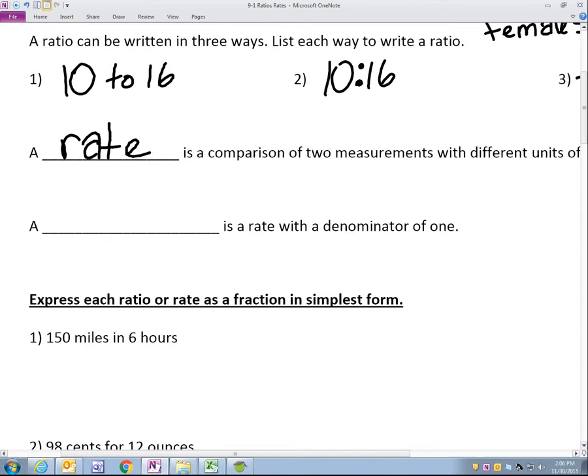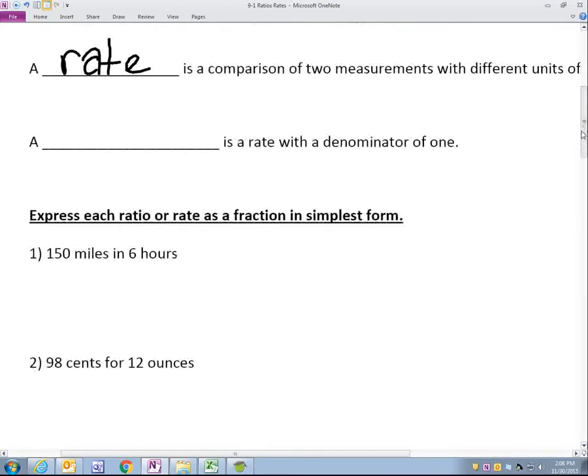We'll get to examples of these, but we need to make sure we memorize these things. A rate with a denominator of 1 is a unit rate.